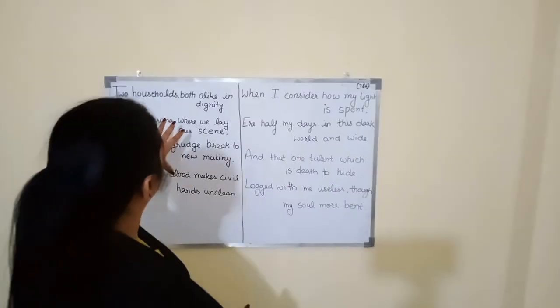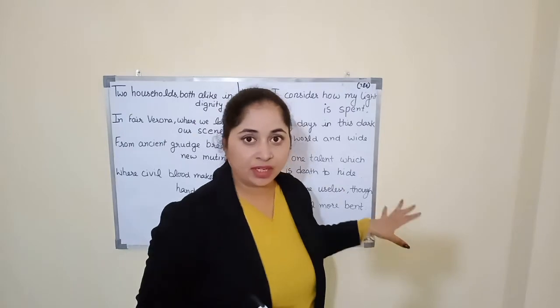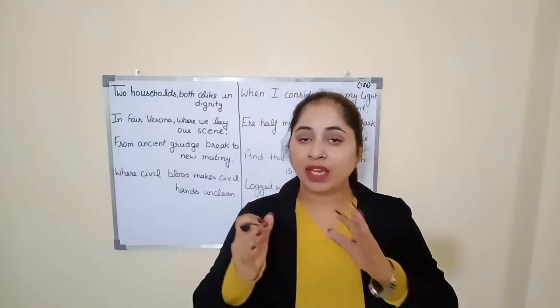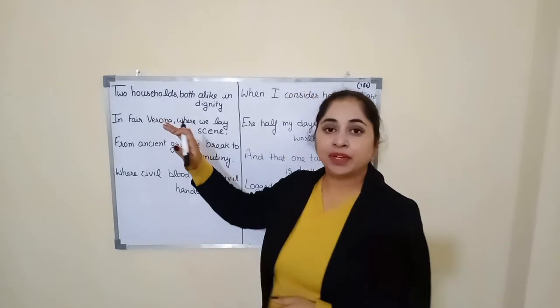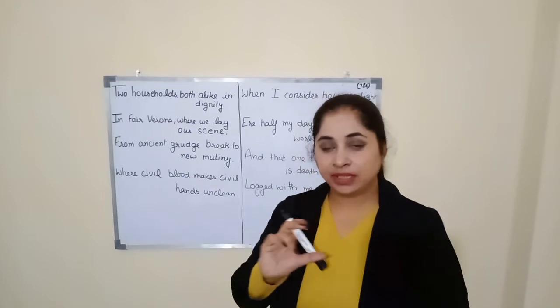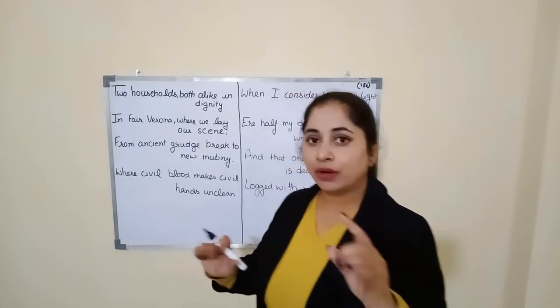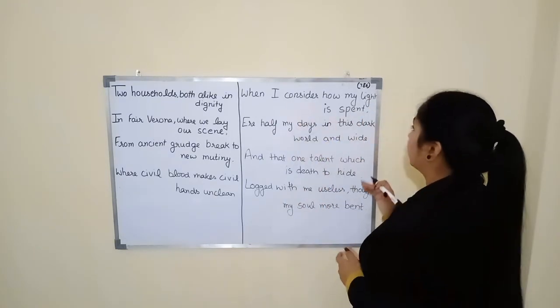These are 4 lines of a Shakespearean sonnet, and these are the 4 lines of a Miltonic sonnet. The Miltonic sonnet's rhyme scheme is ABBA, ABBA, CDE, CDE. And for Shakespeare, ABAB, CDCD, EF, GG. Right? Let's see how we can see the rhyme scheme here.